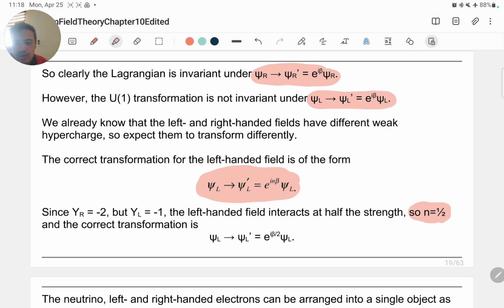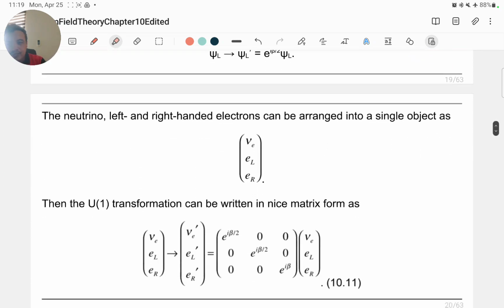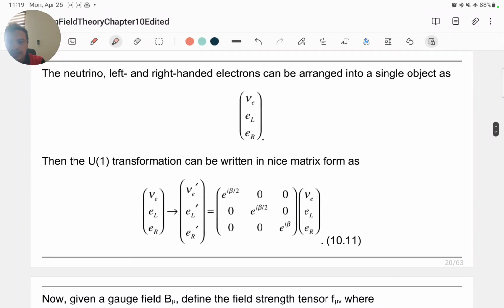Therefore, our correct transformation is not psi L prime equal to exponential of i beta psi L, but it is actually equal to exponential of i beta over 2 times psi L. So we can now arrange in one Dirac spinor both the left-handed components and the right-handed, with the left-handed being composed of the neutrino and the electron fields.